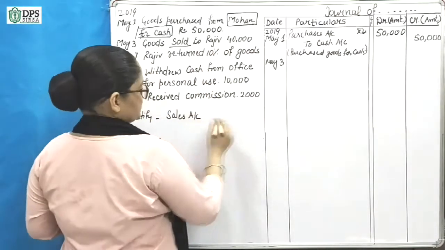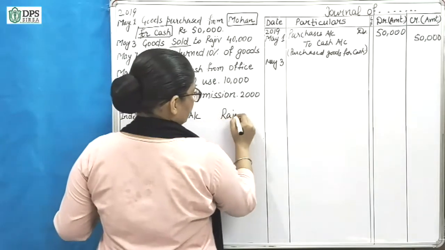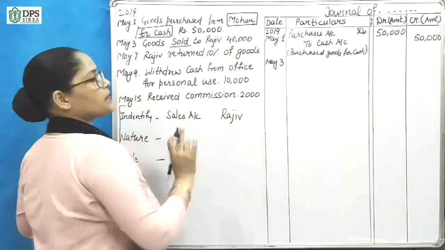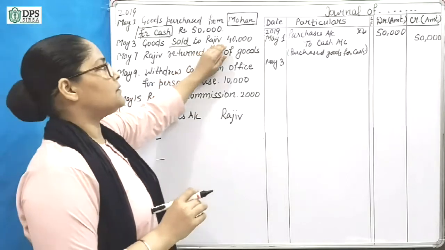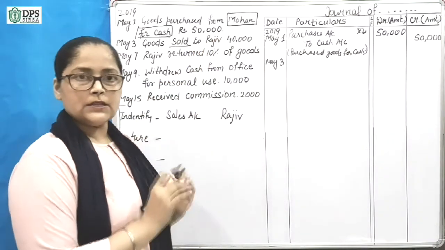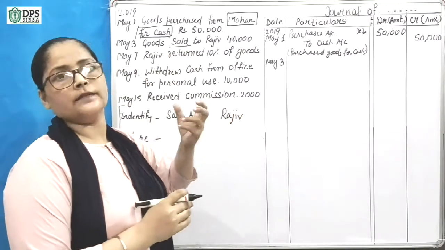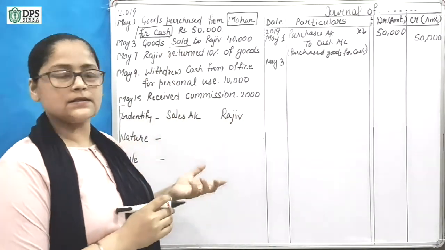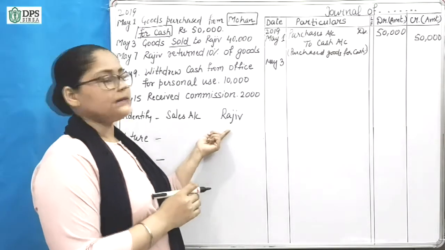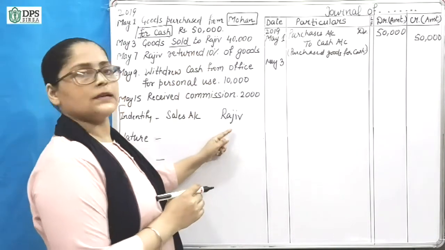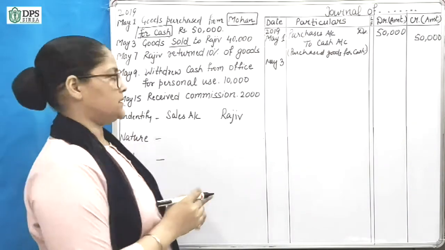Next is Rajiv account. Why are we taking Rajiv? Because the name is mentioned here. Whenever the name is mentioned and nothing is given that goods are sold for cash, we assume that if the name is given, it is a credit sale.